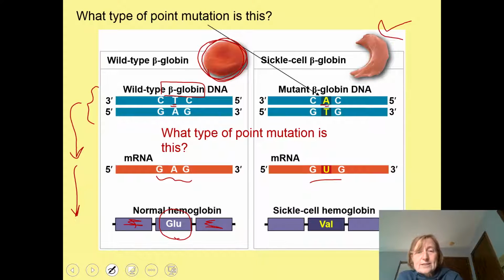That, during translation, is translated into valine instead of GLU. Okay? So there's one amino acid that's different in this whole molecule, in this whole polypeptide that's used in hemoglobin. Just one tiny amino acid change.